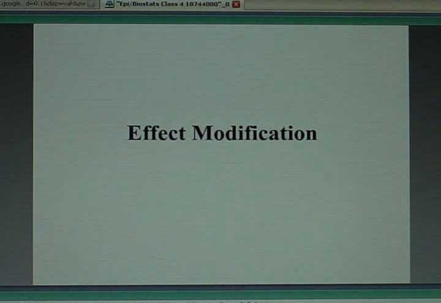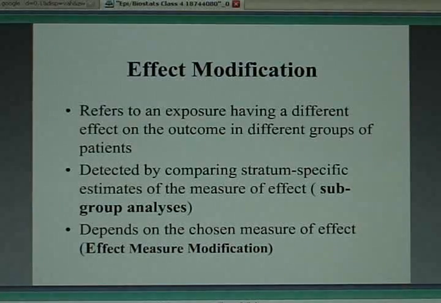Effect modification is sometimes confused with confounding because, like confounding, it can be detected by using stratification. But it refers to an entirely different concept. It refers to the exposure of interest or your treatment of interest having different effects in different subgroups of people. So what it involves is doing subgroup analyses, dividing your data set up into subgroups.